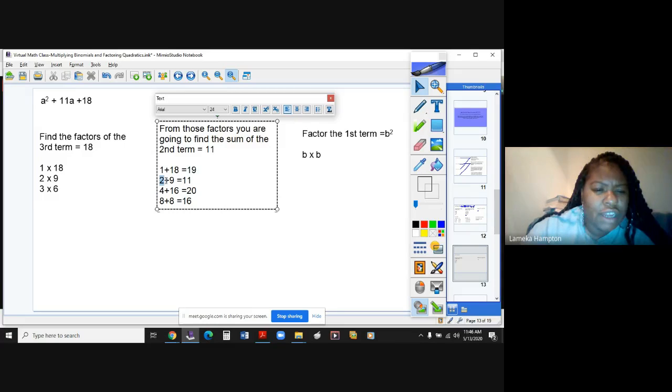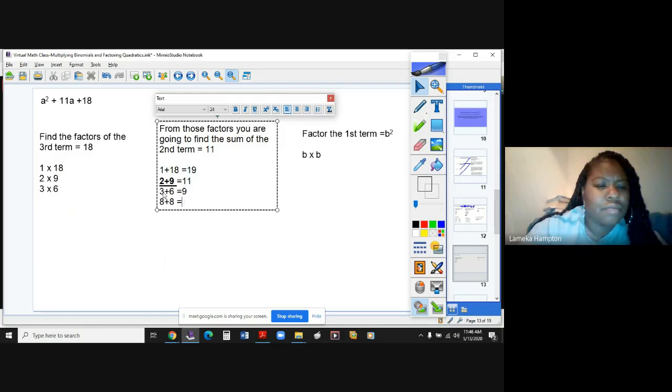I'm going to underline these numbers, and I'm going to bold them. So these are the numbers I'm going to use, but for the sake of continuity, I'm going to go ahead and show you really 3 plus 6, 9.